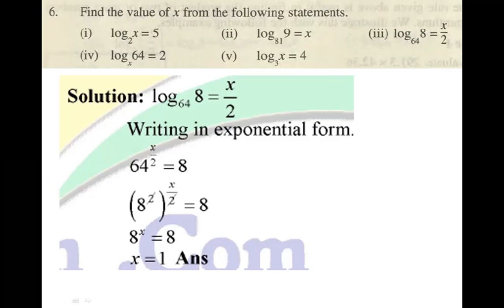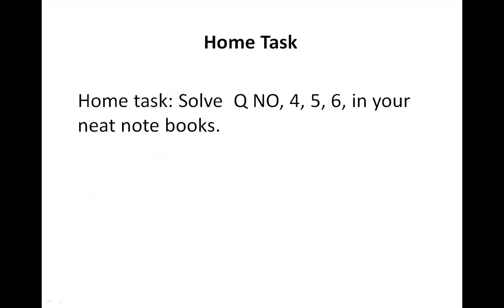Now these three questions are covered in this lecture. Basically, this is how you will convert the logarithmic form into the exponential form and the exponential form into the logarithmic form, how you will read them and how you will find the unknowns. So the remaining parts, you will solve them by yourself and then you will do them in your neat notebooks.